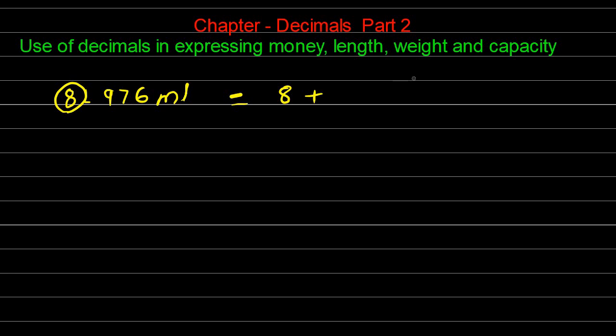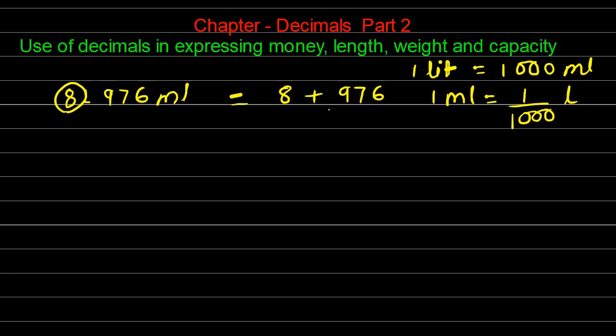Now, as you know, 1 liter is equal to how many ml? 1000 ml. So 1 ml is equal to 1 upon 1000 liter. We have 976 ml, so 976 upon 1000. Let's convert it into decimals.